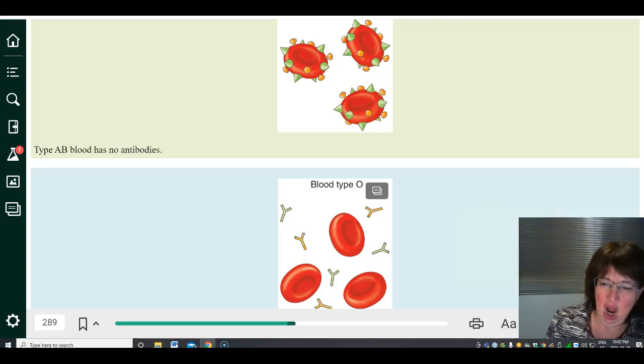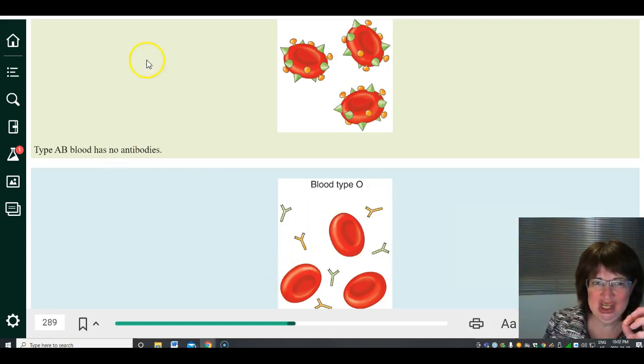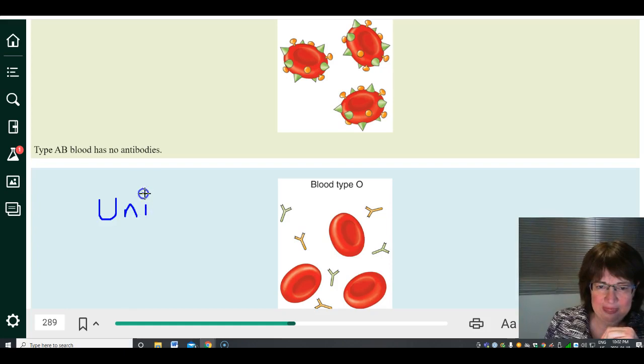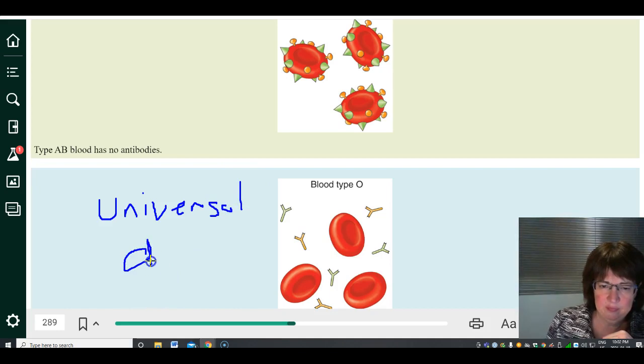So, O has no antigens on it, so it can be donated to anyone. And this is why O is the universal donor. Okay?